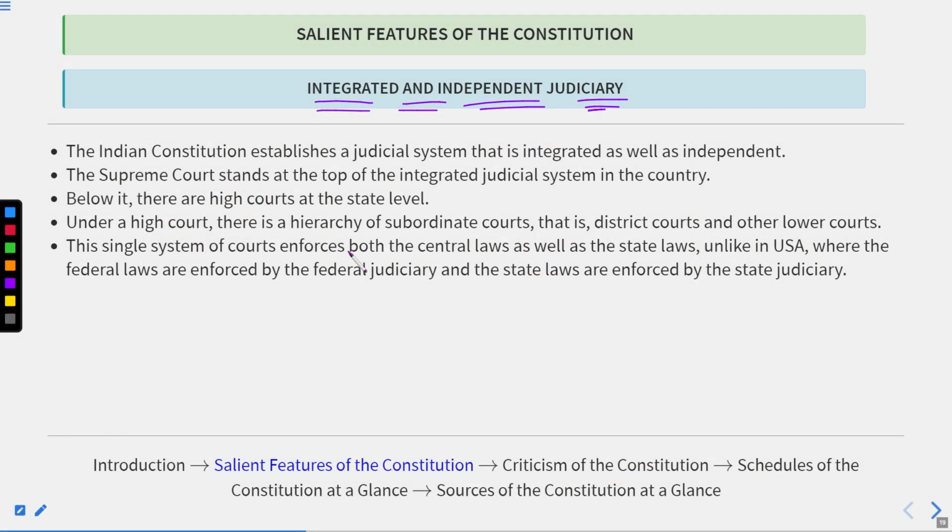Under a high court, there is a hierarchy of district courts and other lower courts. The single system of courts enforces both the central laws as well as the state laws.